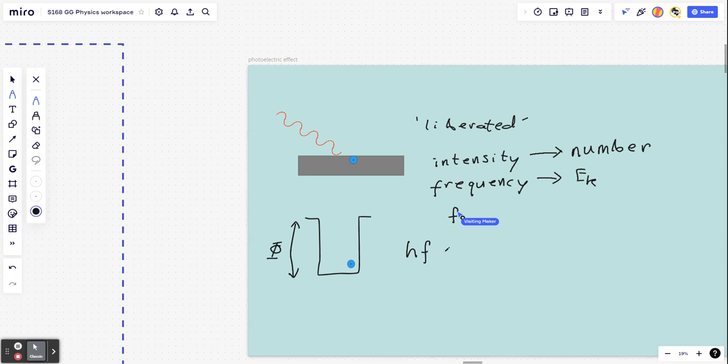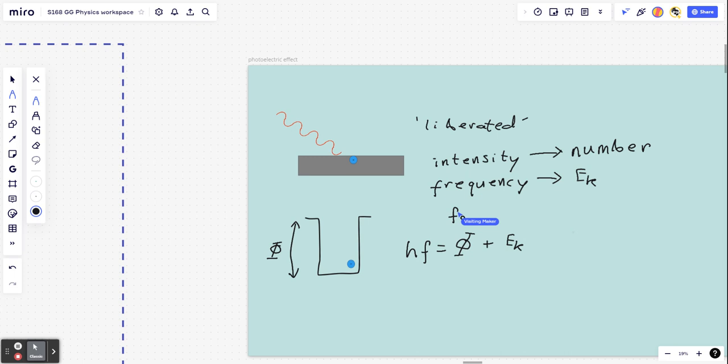It's weird to think of it as having a frequency if it's not a wave, but in any case, that's how you would calculate the energy of that photon. So the energy of that photon is being used, if it's enough, to liberate the electron, and it's also being used, if it has anything left over, to provide the electron with some kinetic energy.